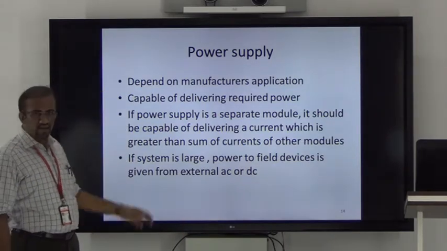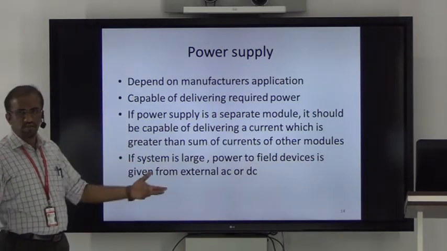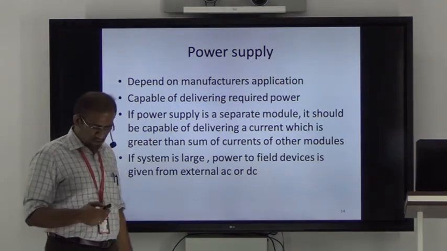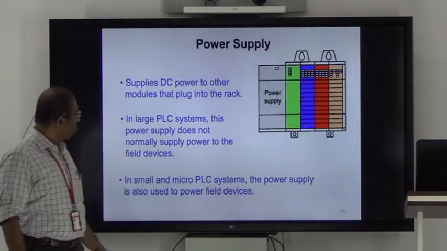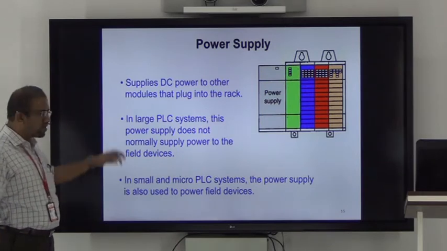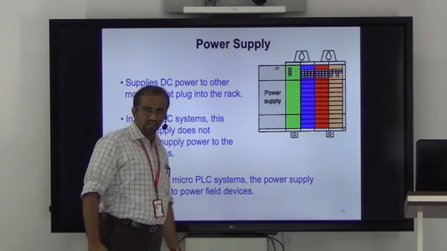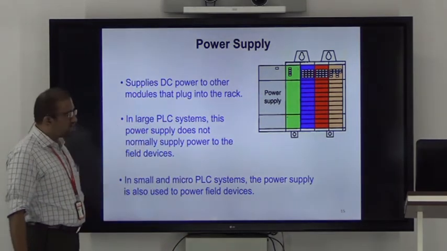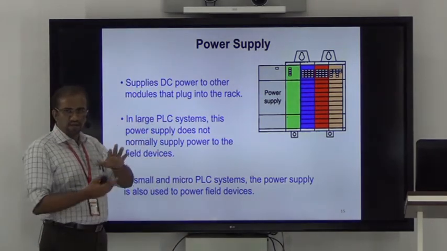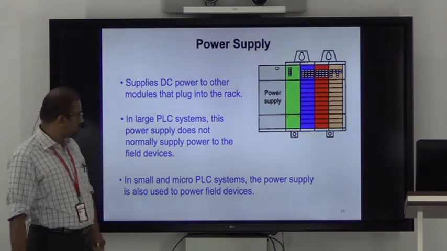That means you can increase or decrease the power supply as per the requirement. Power supply can be either DC power or AC power. It can act as a separate unit, whereas in fixed I/O, the power supply is embedded into the single module.